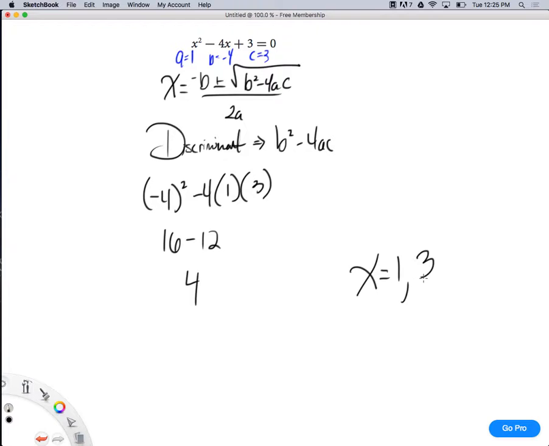You're finding the discriminant using the exact same method. So you already have what the discriminant is, b squared minus 4ac. Honestly, all you have to do is determine what a, b, and c are, and then just plug them in there.